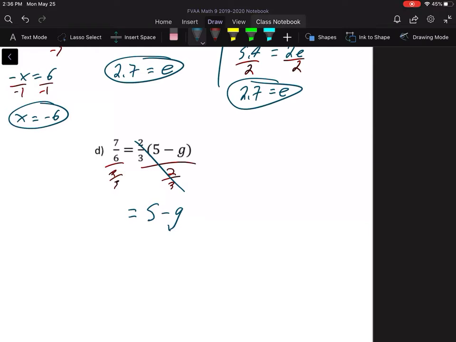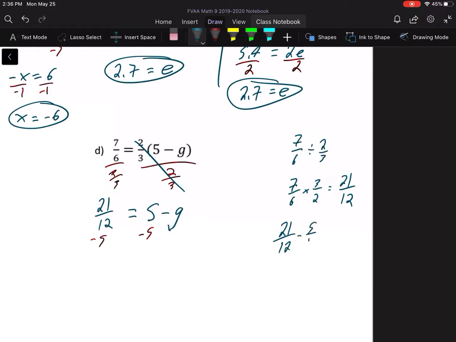And a little side calculation here: 7 over 6 divided by 2 over 3 is like saying 7 over 6 times 3 over 2, which is equal to 21 over 12. So 21 over 12. And then here I'm going to have minus 5 on both sides. So it's 21 over 12 minus 5 over 1, which is like saying I need common denominators.